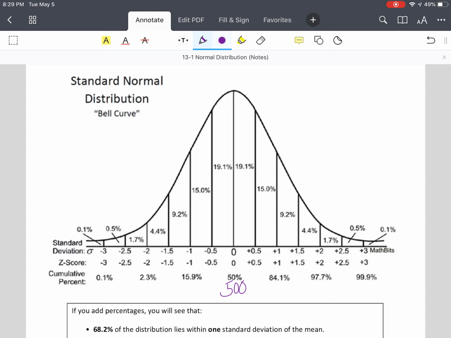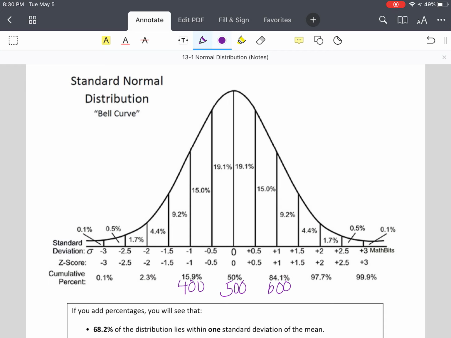So if the standard deviation is 100, to get to one standard deviation above would be a score of 600. Okay, one standard deviation below would be 500 minus 100, since I told you that the standard deviation was 100, so it would be 400.